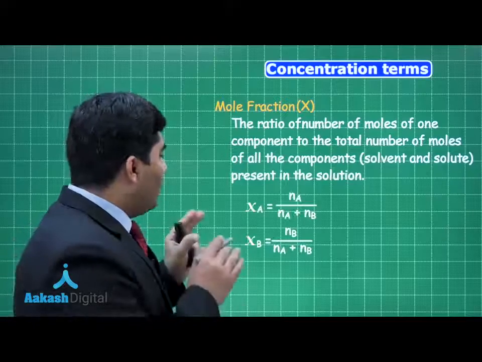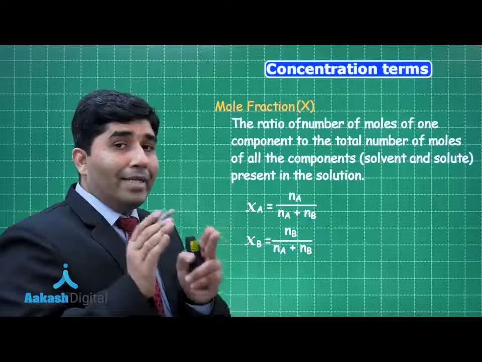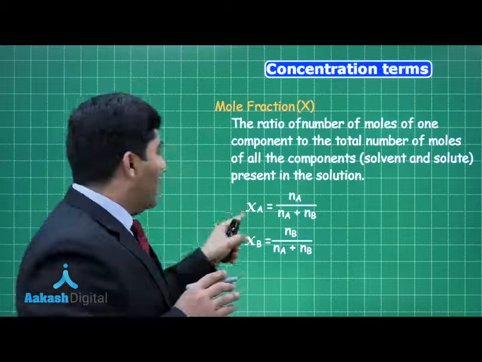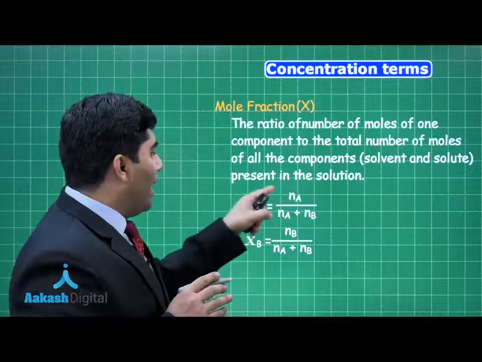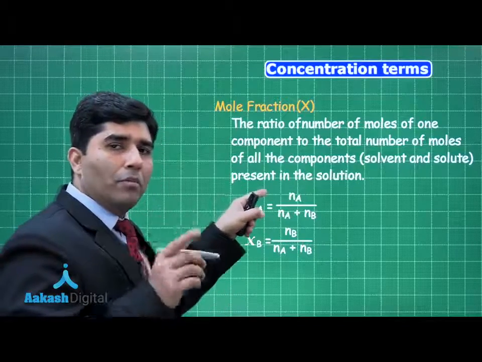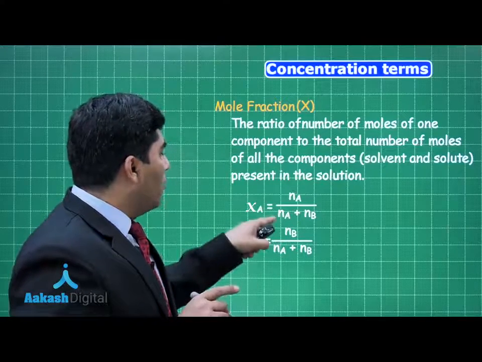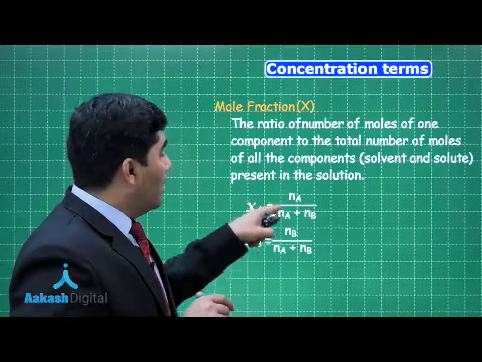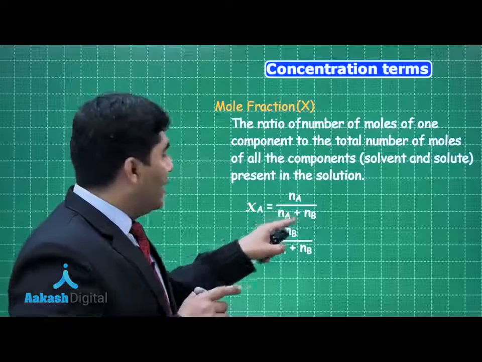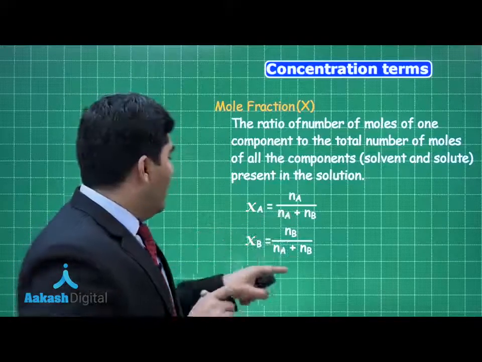If we are finding the mole fraction of the solvent, designated by A, we will write XA. XA will be Na divided by Na plus Nb. Na is the number of moles of solvent, and Na plus Nb is the number of moles of the solvent plus the number of moles of the solute, that is the total number of moles present in the solution.